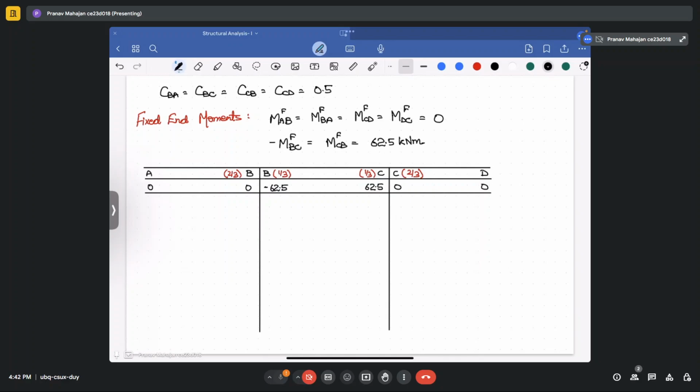Now we will distribute this unbalanced moment as a balanced moment based upon the distribution factors that are available with us. So here it would be 41.67, and here it will be 20.83. Similarly, here it will come as minus 20.83, and in this case it will be 41.67.